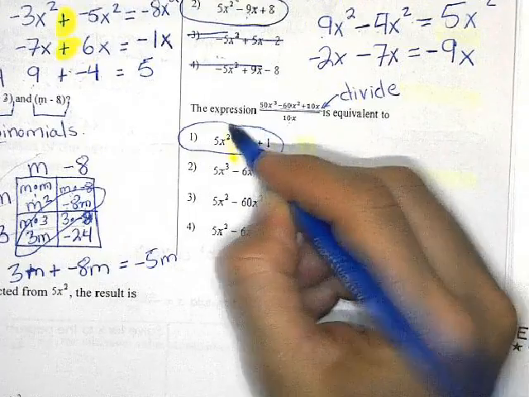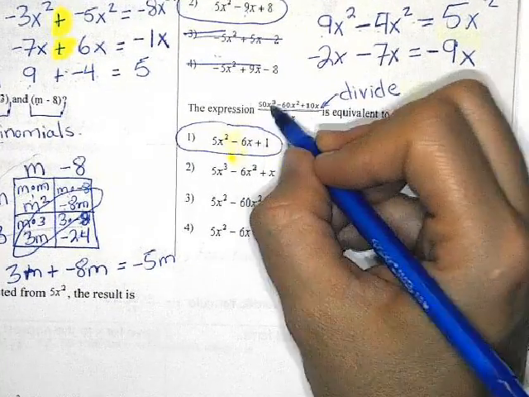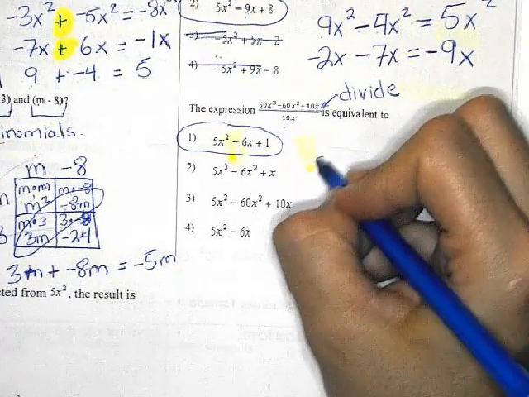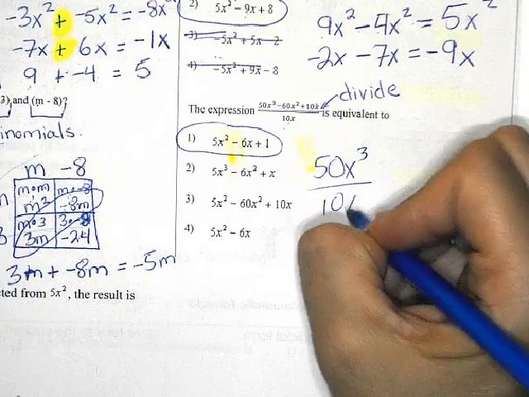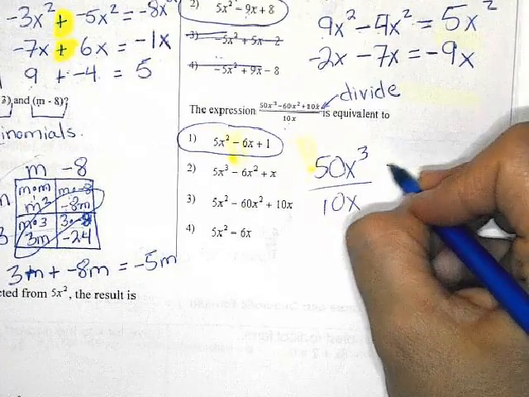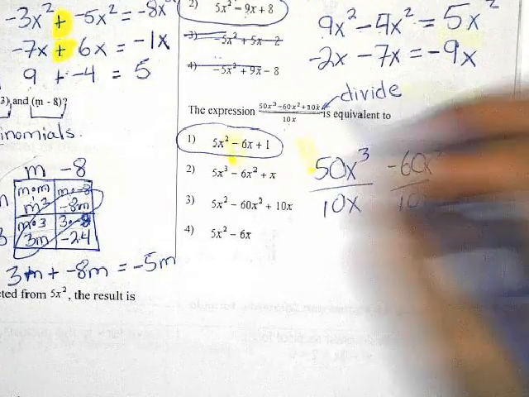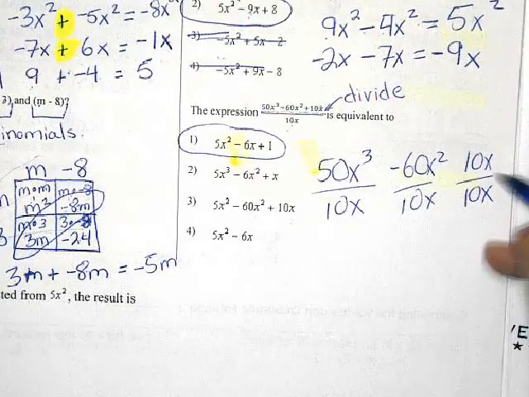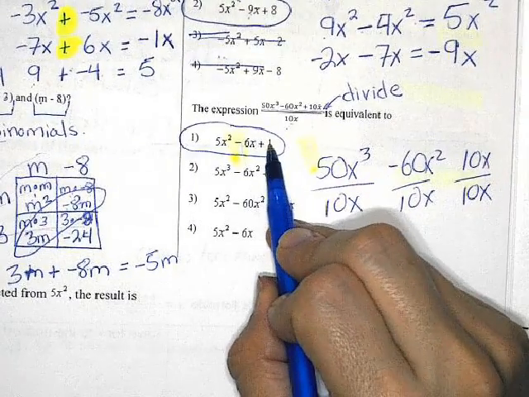Because basically what you're doing is taking each one of these terms and dividing it by the bottom. So you really get 50x to the third divided by 10x, negative 60x squared divided by 10x, and 10x divided by 10x. Like you said, 10 divided by 10 is a 1.